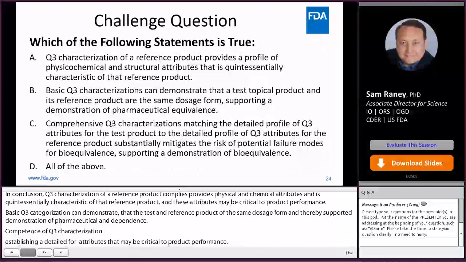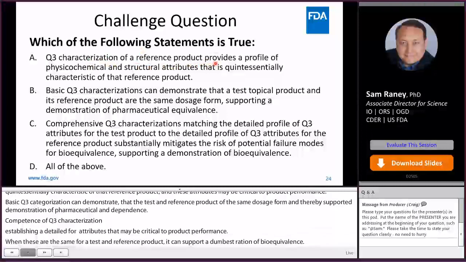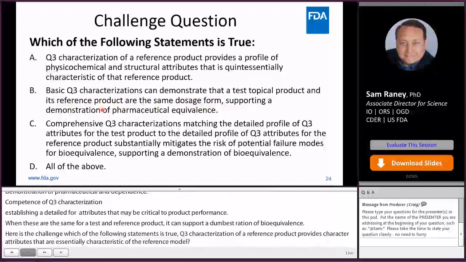Now, here's the challenge question. Which of the following statements is true? Q3 characterization of a reference product provides a profile of physicochemical and structural attributes that is quintessentially characteristic of that reference product. Basic Q3 characterizations can demonstrate that a test topical product and its reference product are the same dosage form, supporting a demonstration of pharmaceutical equivalence.